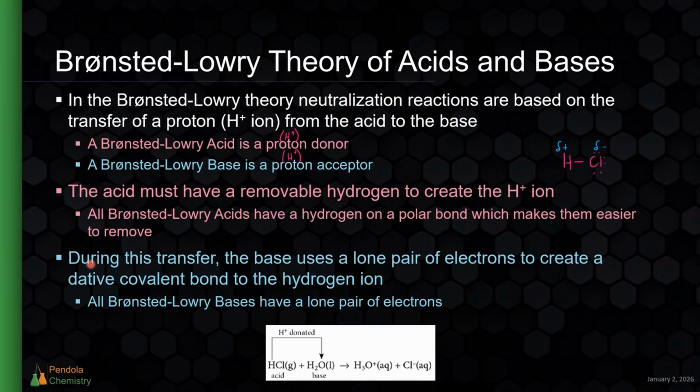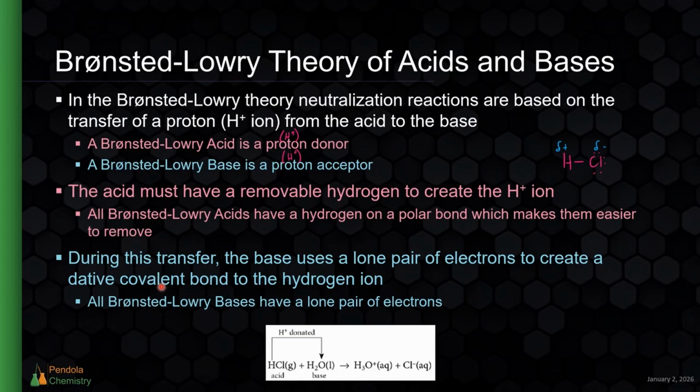On the other hand, during the transfer of electrons in a neutralization reaction, the bases have to have a lone pair of electrons to create the dative covalent bond with the hydrogen ion that we saw earlier, like in the example of water with ammonia.